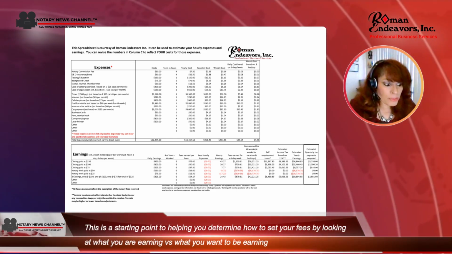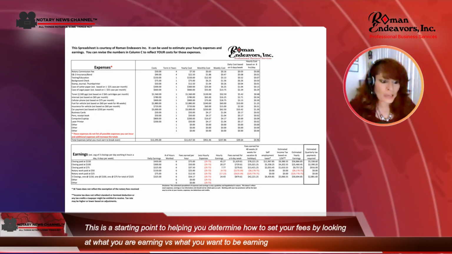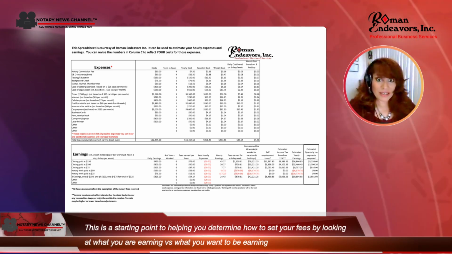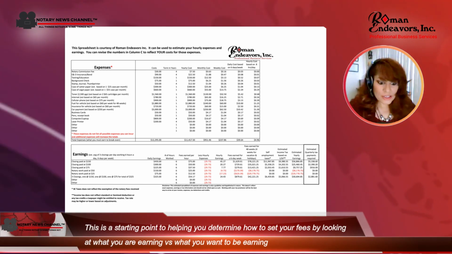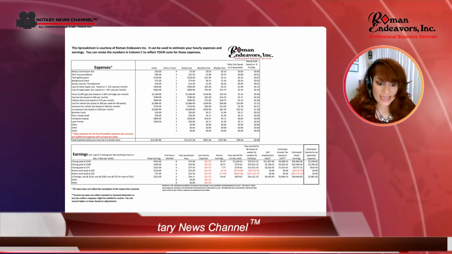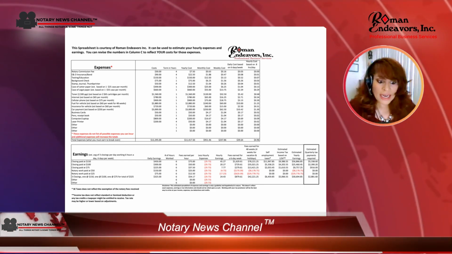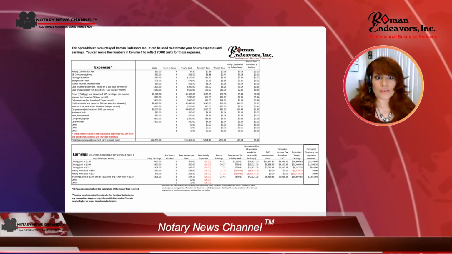So if you are accepting closings at $75 a closing and you do 3 closings a day, 6 days a week at $75, then you can see here along this spreadsheet exactly what your earnings would be, what your taxes are, and then you can know how to set your fees.